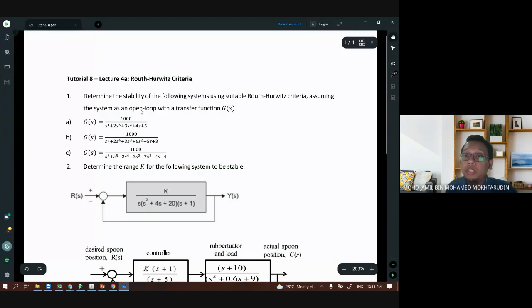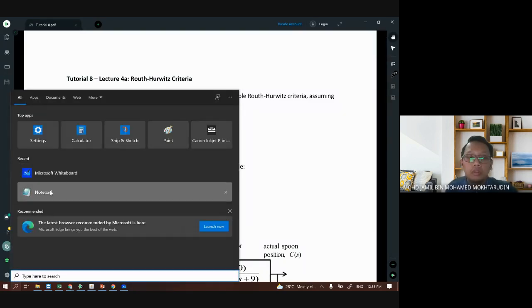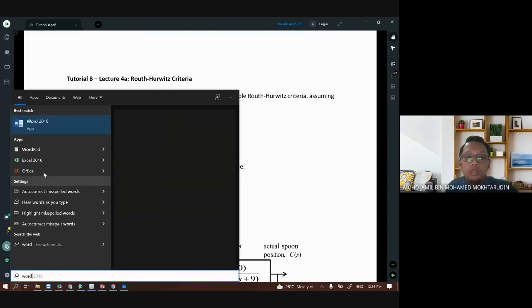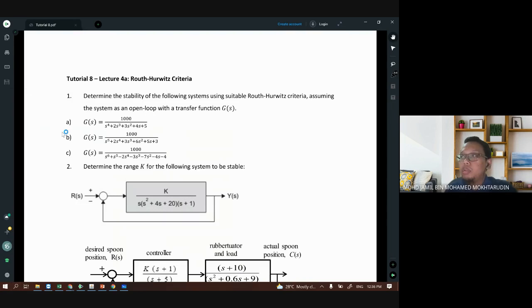Open loop means there is no feedback. So it has no feedback and is open loop with the transfer function G(s). So you don't need to simplify any block diagram, okay?